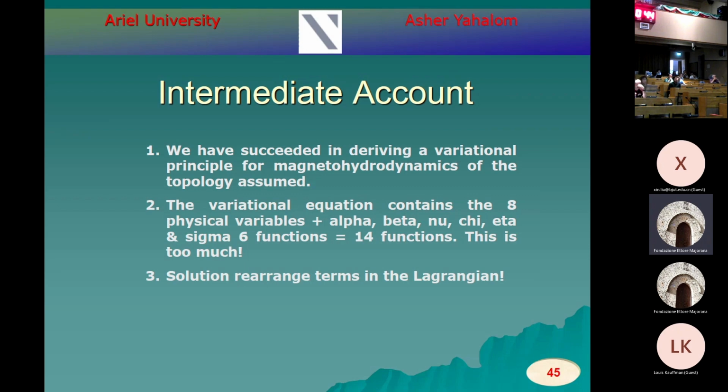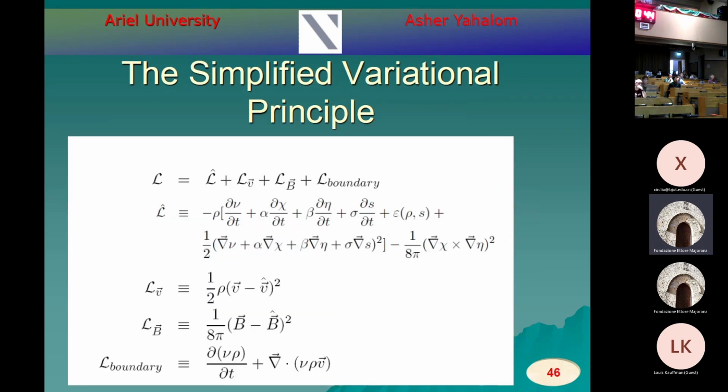So what do we do? We rearrange the terms in the Lagrangian in the following form. We take all the terms which contain B and put them in one term, all the terms containing V in one term, and all the rest in L hat. And this is L hat, LV, and LB, and there is something going on in the boundary as well. V hat is just the Clebsch representation, and B hat is the Sakurai representation.